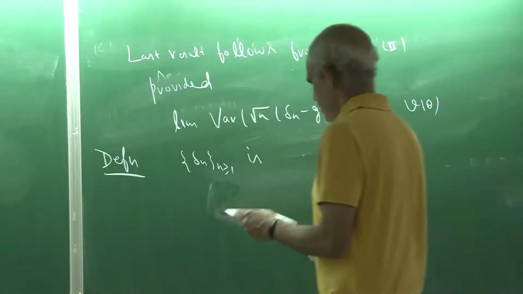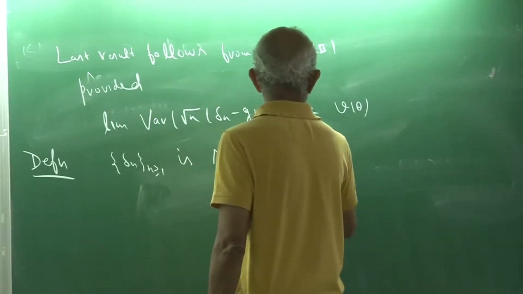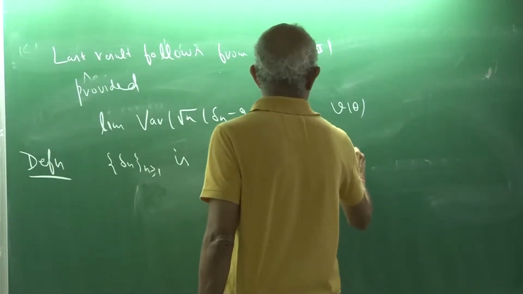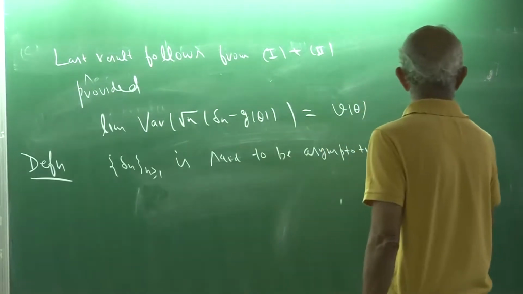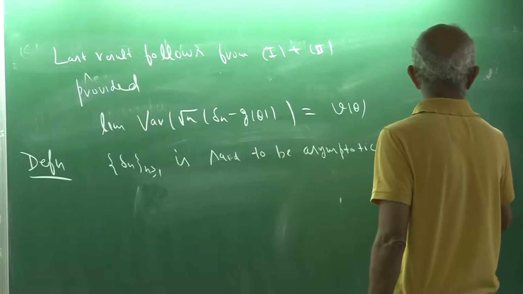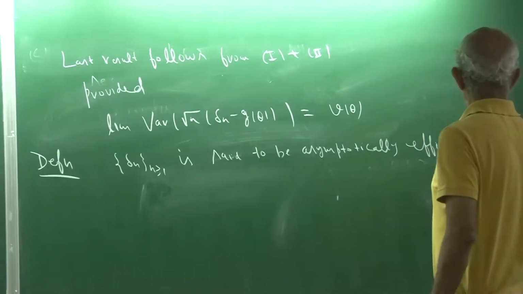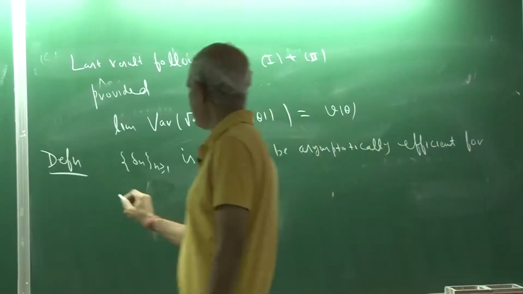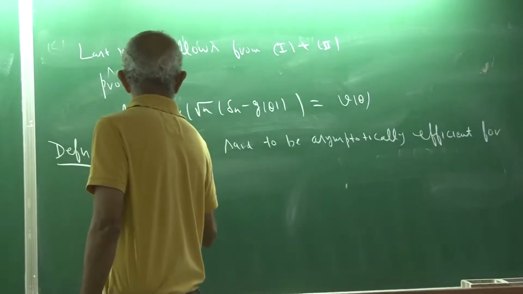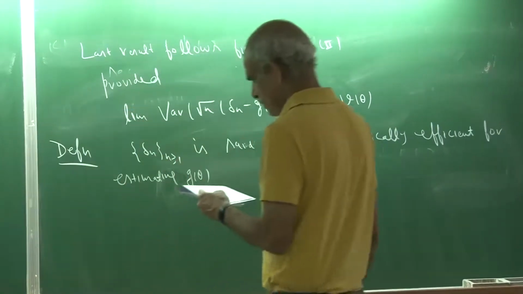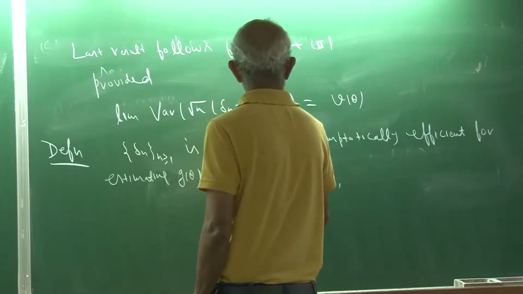This is said to be asymptotically efficient for estimating g theta if the following conditions are satisfied.